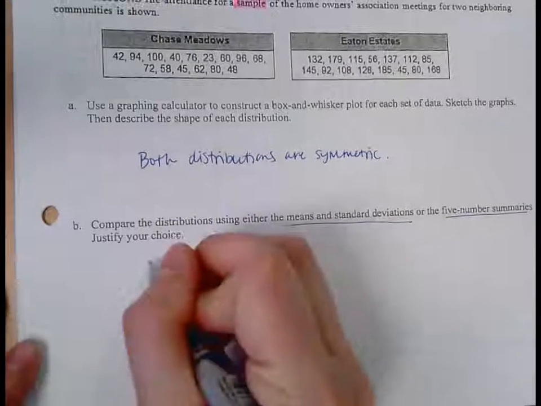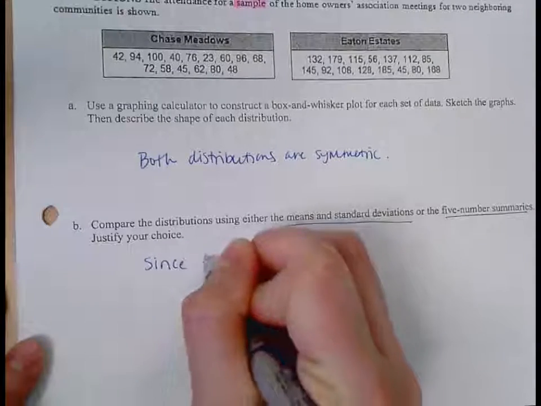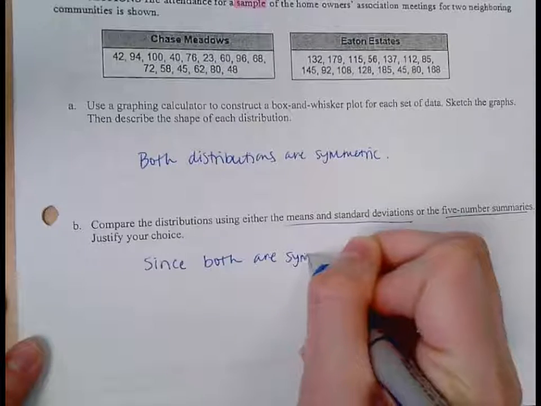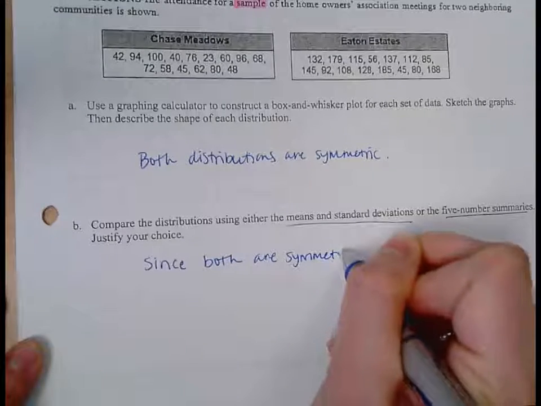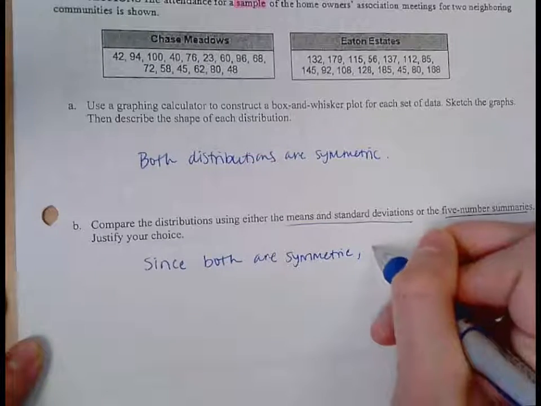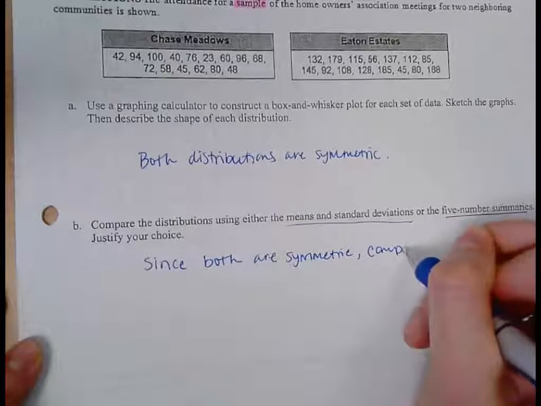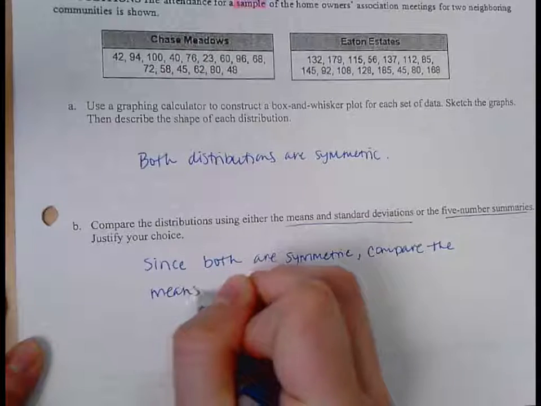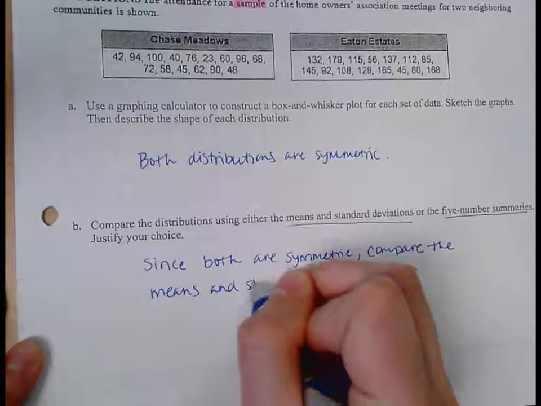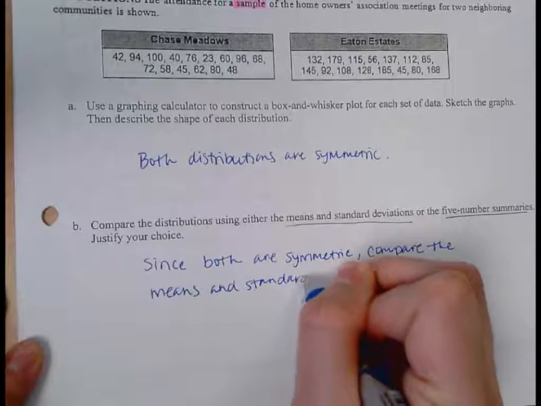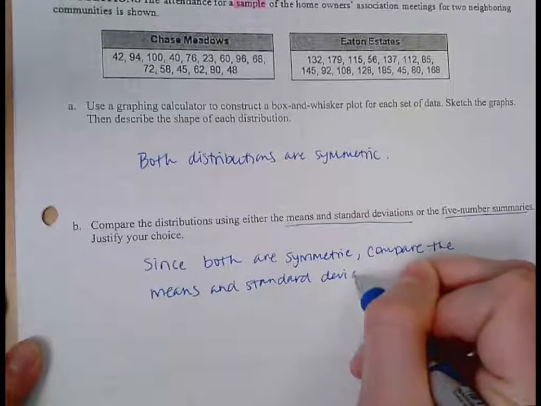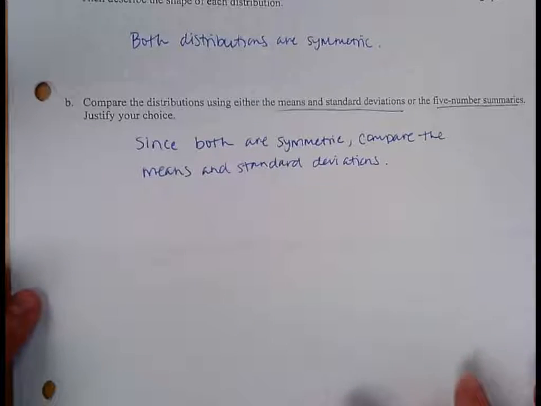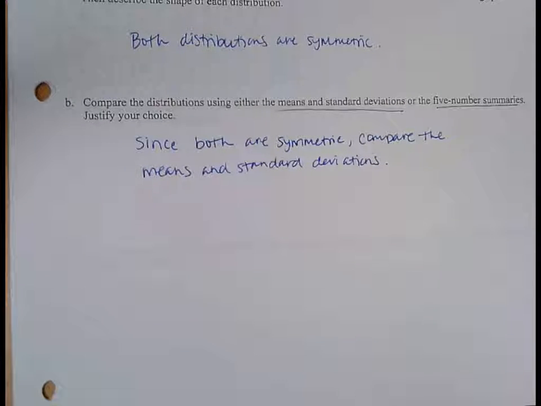So for the justification, I'd say since both are symmetric, I'll put compare the means and standard deviations. And then I have to find both.